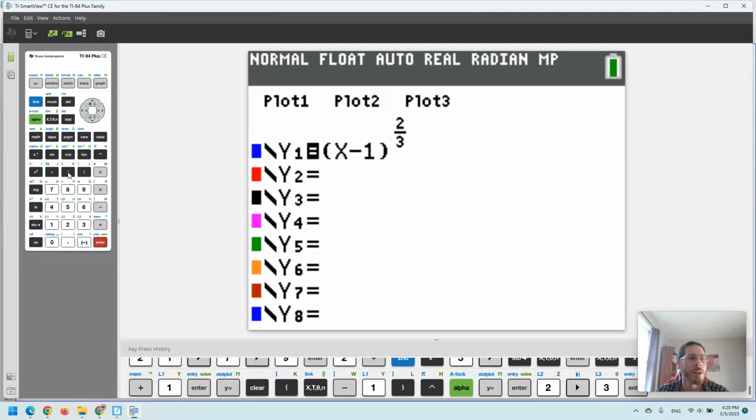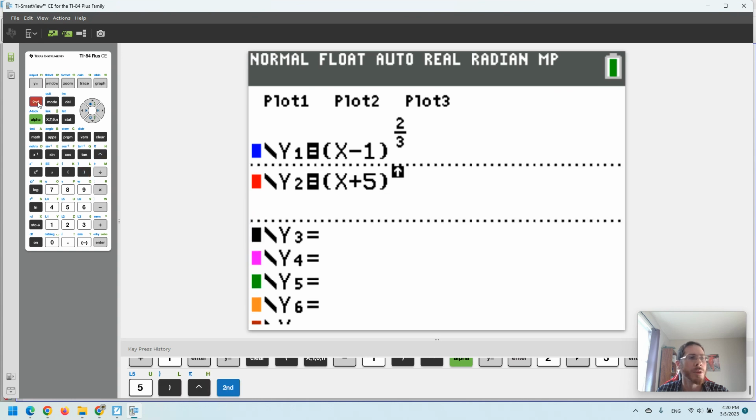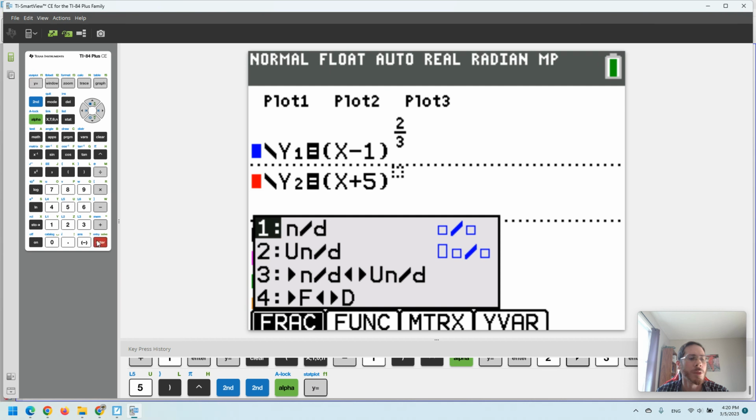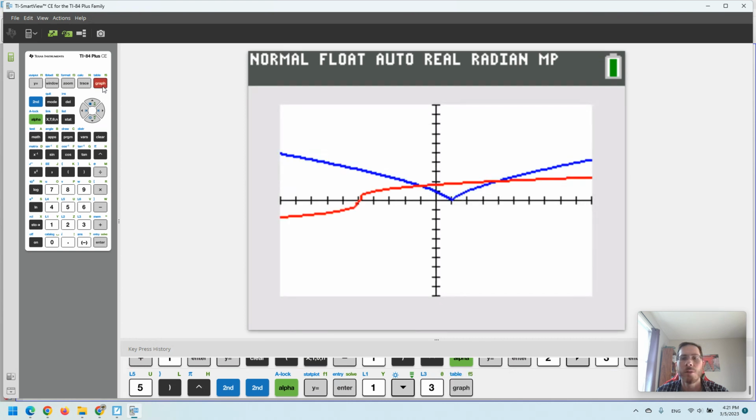And then the other line is x plus 5 to the power of 1/3. All right. Oh, yeah. Well, it does look like they cross twice. Okay. So that seems reasonable to get two answers.